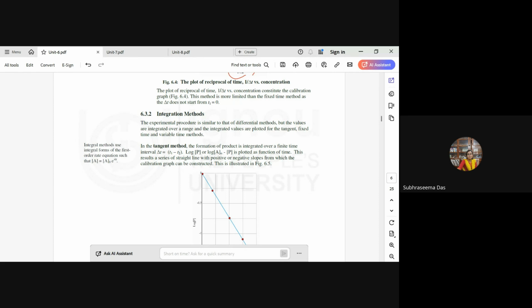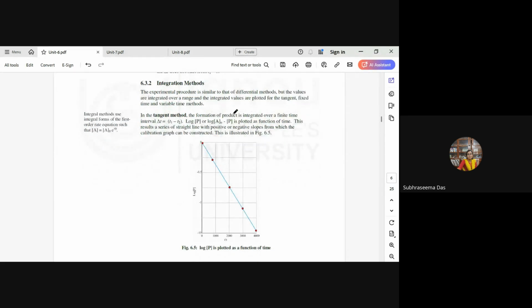So these are the various ways by which differential methods are used. But here we will talk about the integral methods. The experimental procedure here is similar to that of the differential methods, but the values are integrated. So first is the tangent method.